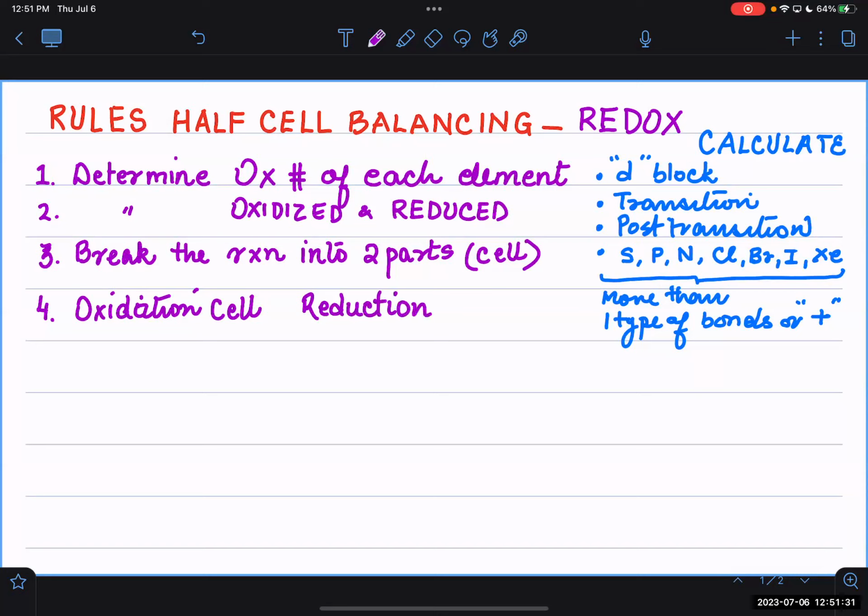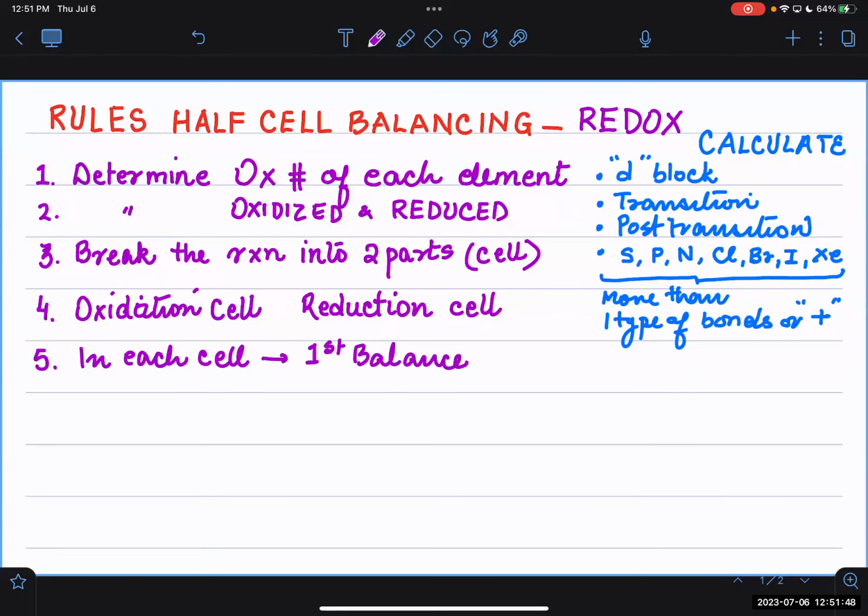After that, what will you do? In each cell, you are going to first balance the metals, with the positive charges, if there are metals with plus charges or zero charge, whatever the scenario is.